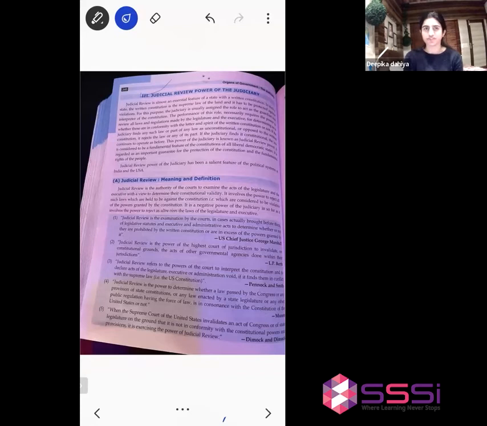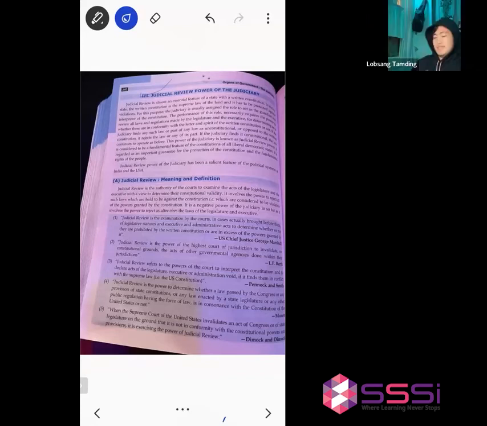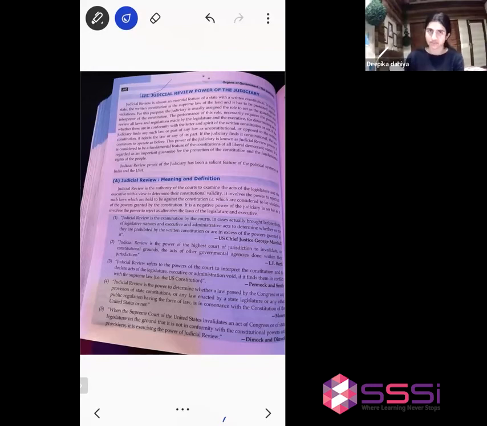See, I'll tell you what judicial review is. If the judiciary has given some judgment, and if you want the judiciary to review its decision, or if the judiciary, on its own suo moto, feels that it should review some judgment, and it comes with a new, refreshed judgment, it may be the same as it was earlier, but at least they have reviewed it.